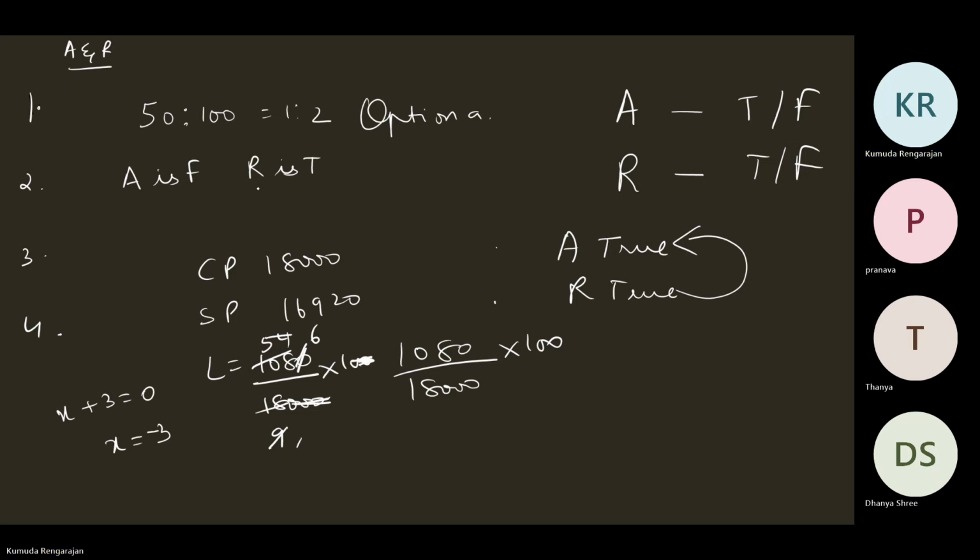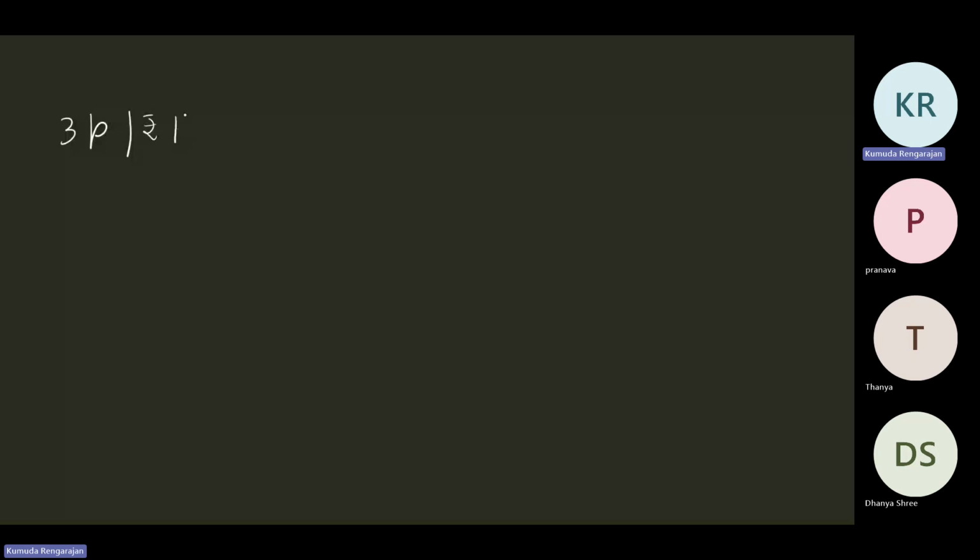Third one, the rate is given 3 paise per rupee per month, but we have to find for 1 year. So first you should change this to a percentage. This is new, you'll have to listen carefully.